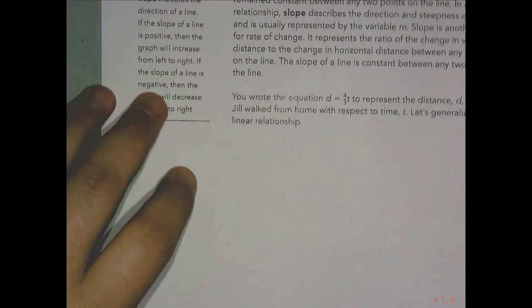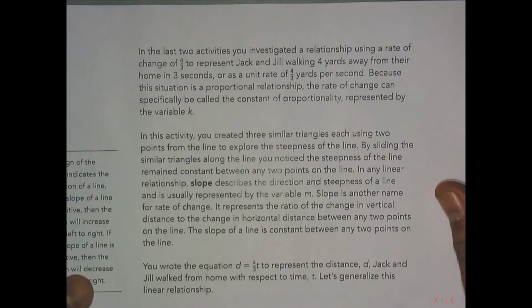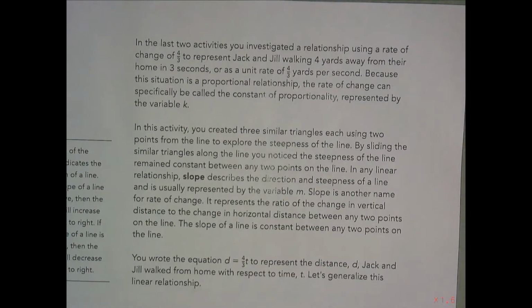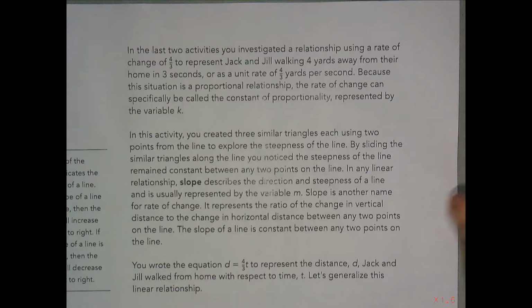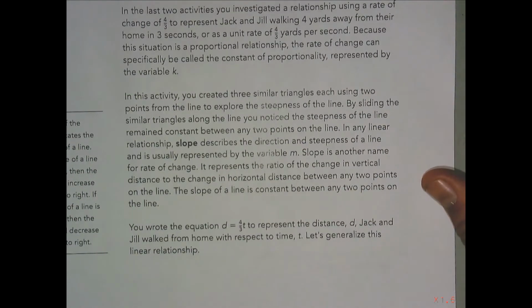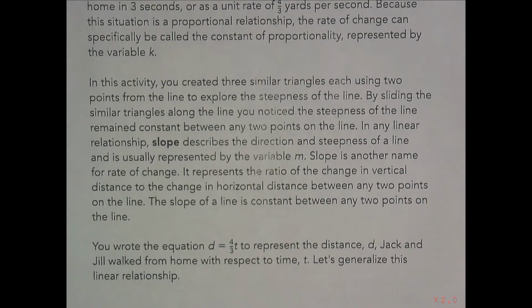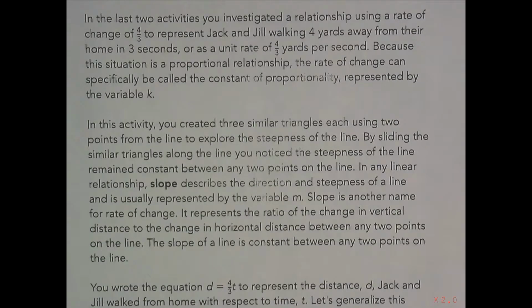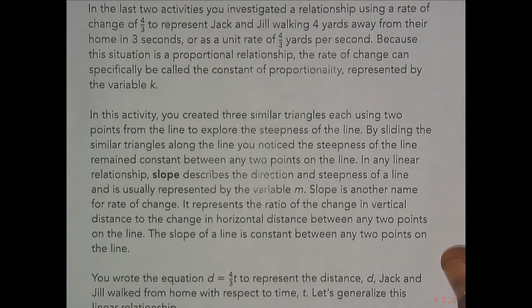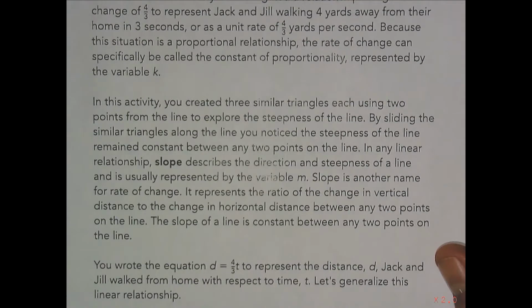Okay. So now for page 30, it says, in the last 2 activities, you investigated the relationship using a rate of change of 4/3 to represent Jack and Jill walking 4 yards from their home in 3 seconds, or a unit rate of 4/3 yards per second.